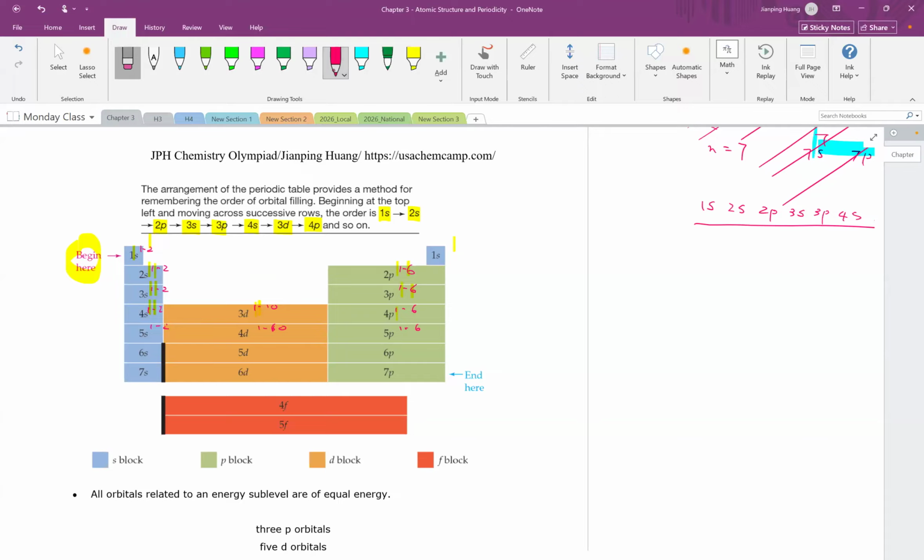Now 6s, 1 to 2. Now you go to what? 1 to 14. Now, next one, 1 to 10, 1 to 6. That's the order to do that, okay?